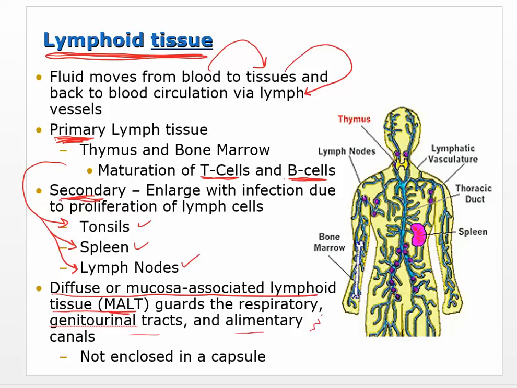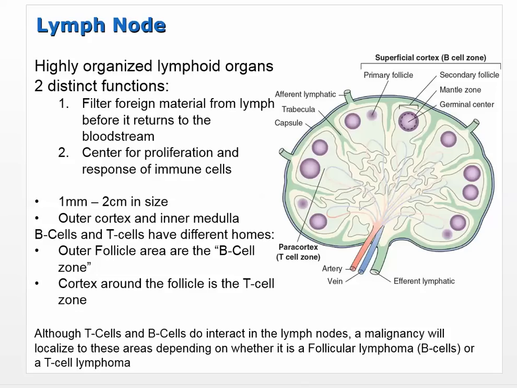These will collect lymph cells there, and so they have these diffuse structures, just not enclosed in a capsule. That's the big difference.